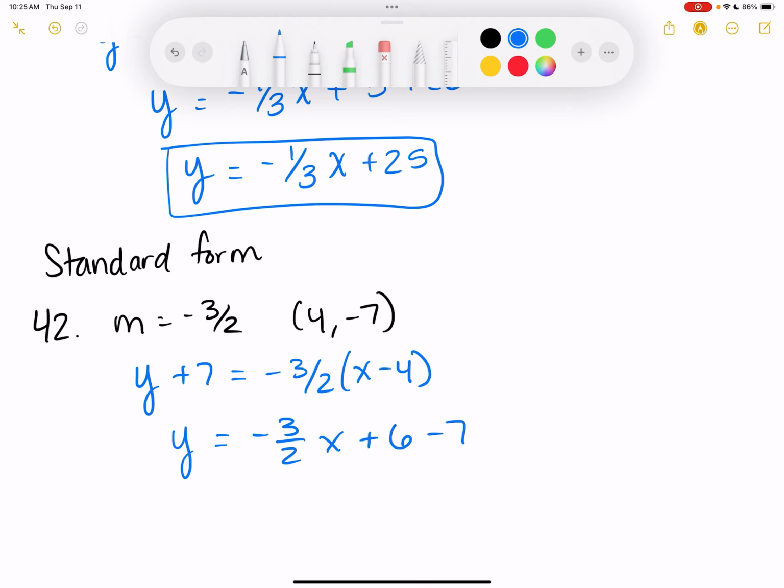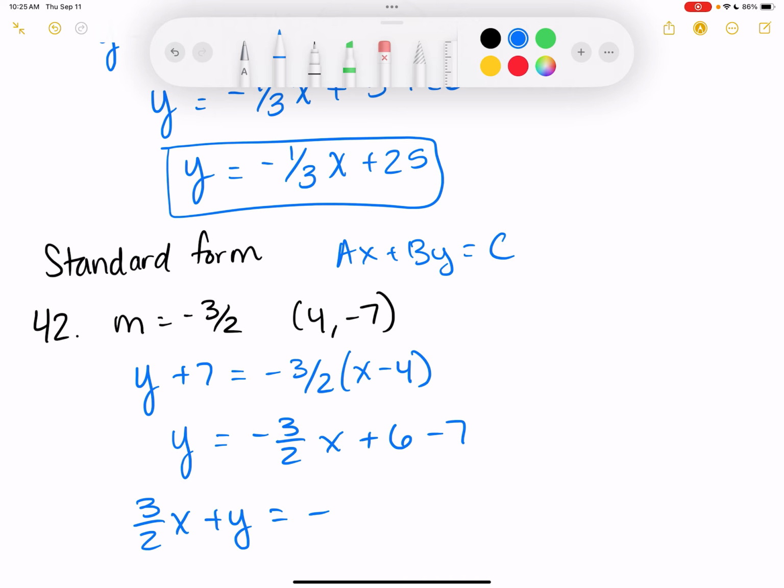Now, standard form is ax plus by equals c, where a, b, and c are typically integers. So I need to move over the x value. So this is going to be 3/2 x plus y equals negative 1.